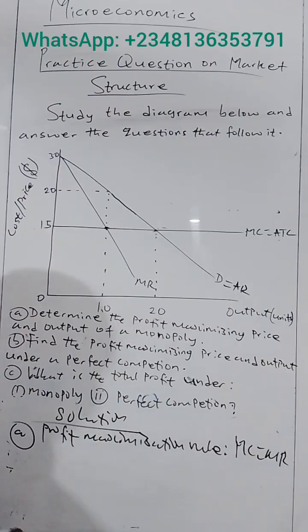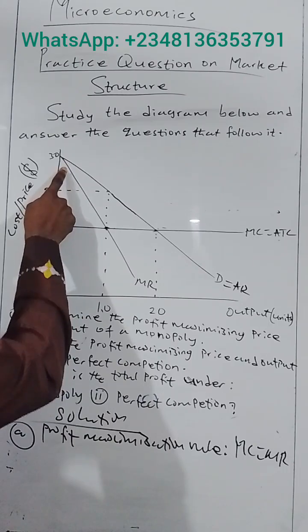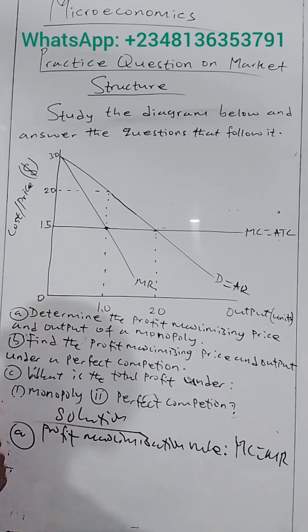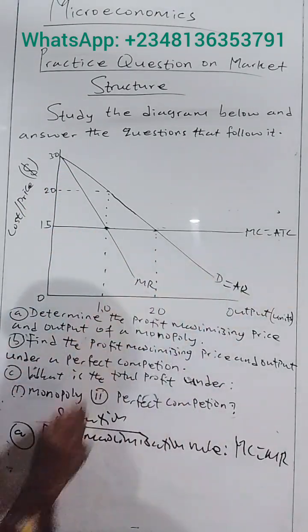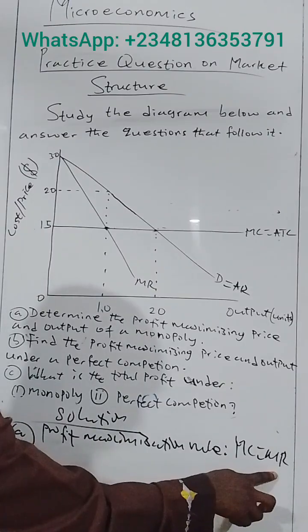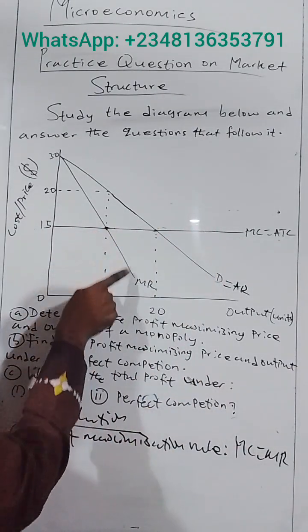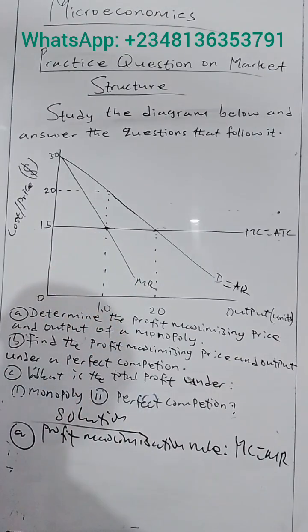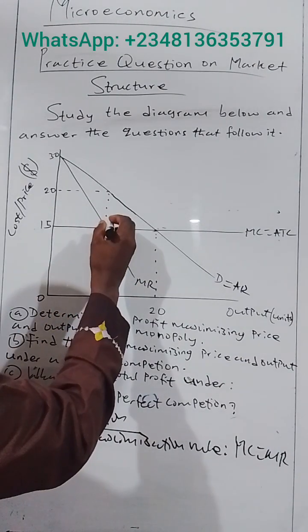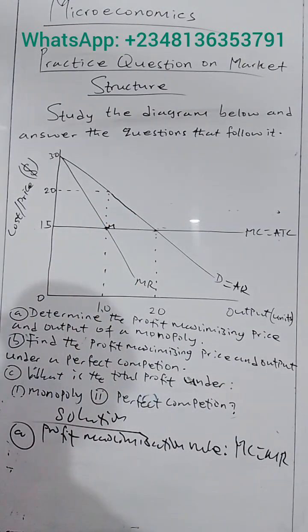So let's see what the profit maximizing output and price will be. Here you can see this is the MR curve and this horizontal line represents the MC curve. Where do they equal? It is where both curves intersect. This MC curve intersects with the MR curve at this point, meaning that here is the equilibrium for the monopoly.